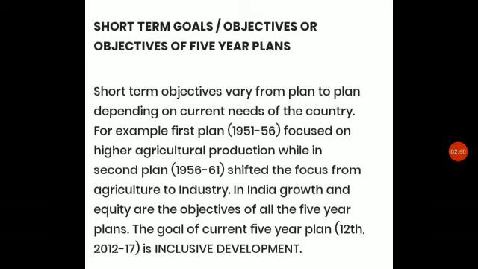In the first 5-year plan, which lasted from 1951 to 56, the priority was given to agricultural production. The second 5-year plan during 1956 to 61 shifted the focus to agriculture as well as industry.